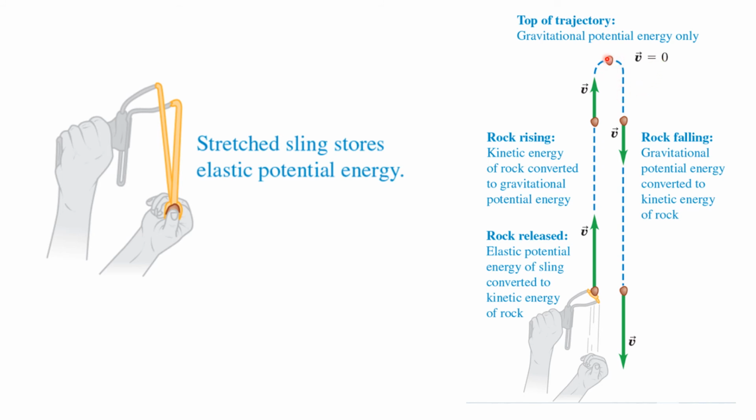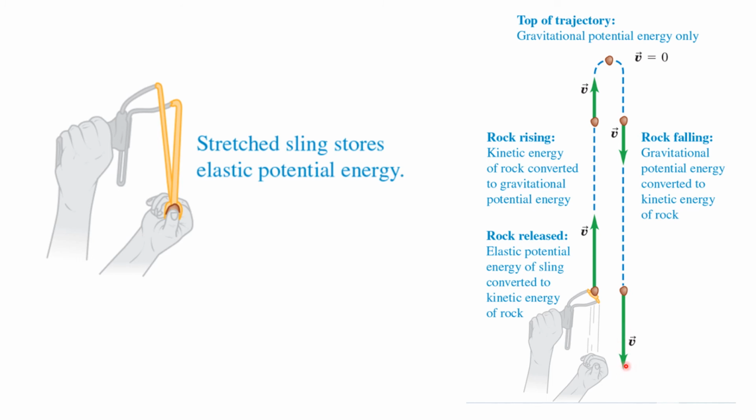So right here the velocity is 0, which means that it has 0 kinetic energy. Then this energy starts changing again, and this gravitational potential energy that was gained from here to here starts being changed to kinetic energy as it goes faster and faster.